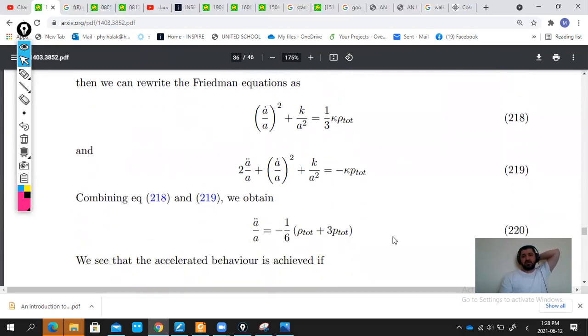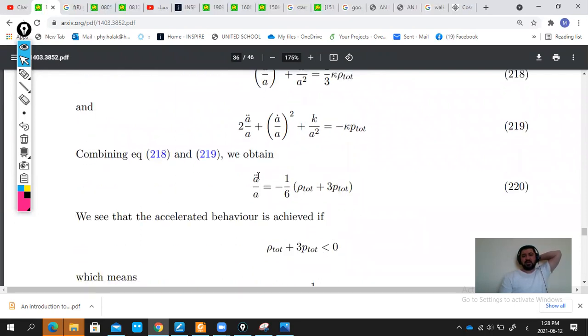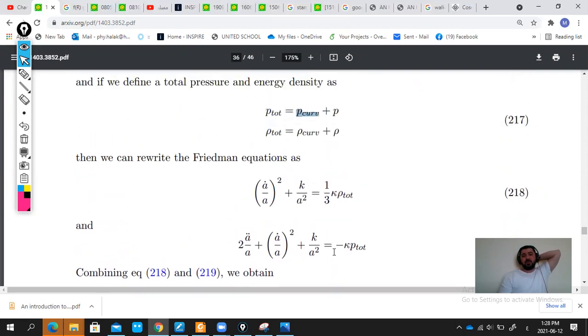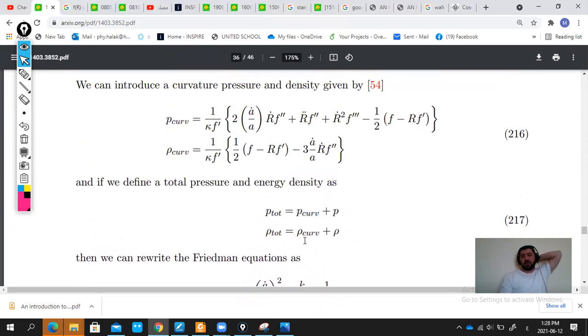Combining these two equations, we can find this equation. And now by this equation, we can see that we can recover the case of A dot dot larger than 0 if rho total plus 3b total is less than 0. Now we have this possibility. Why? Because now rho total and b total contain rho and b for curvature.